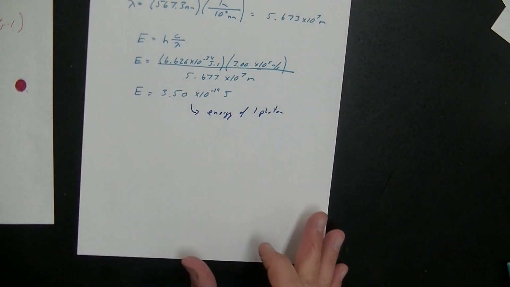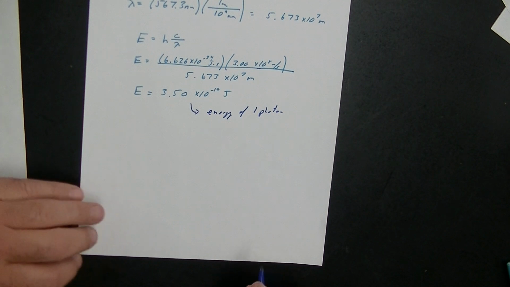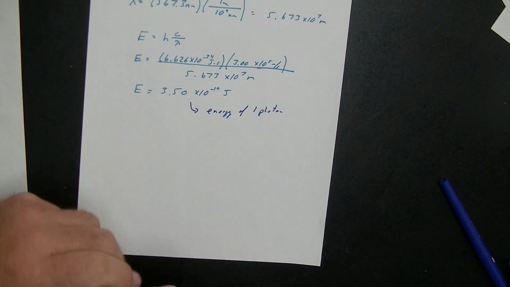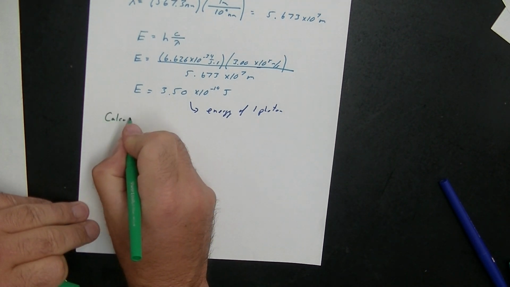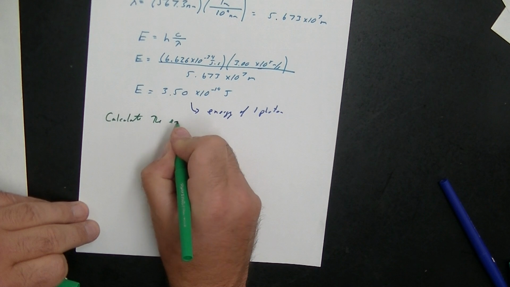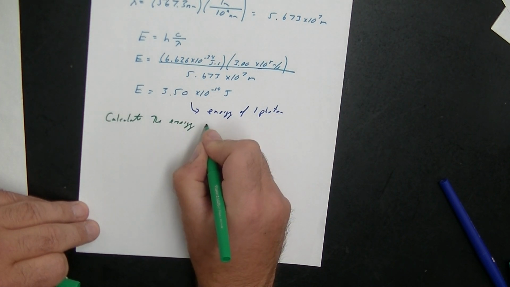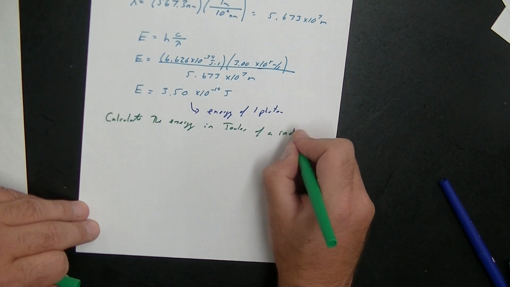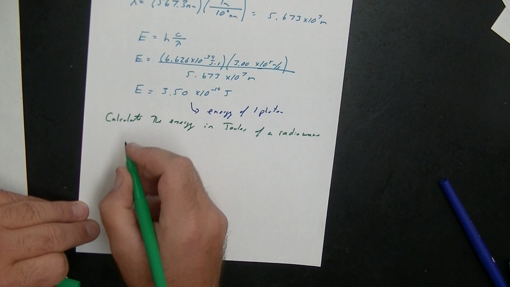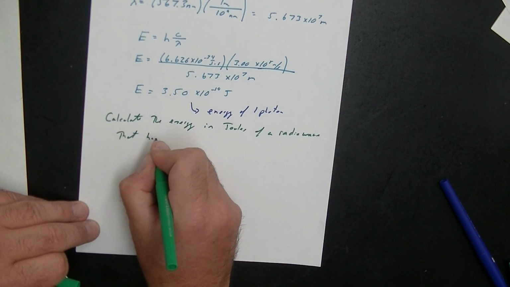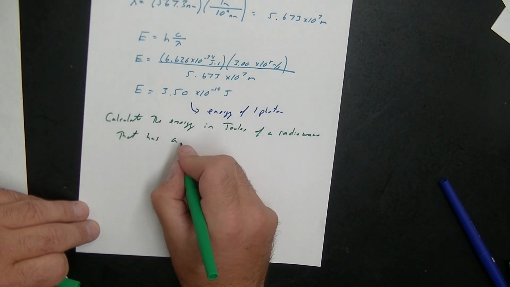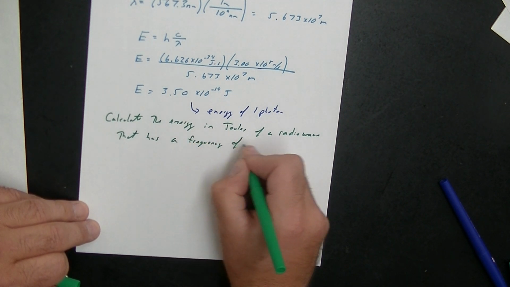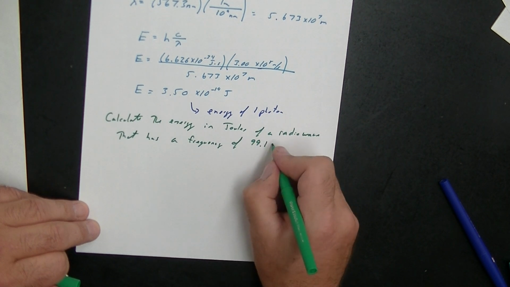All right, let's try one more problem. It's a little bit different. Let's calculate the energy in joules of a radio wave that has a frequency of 99.1 megahertz.